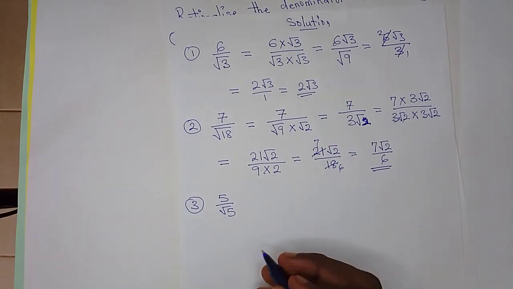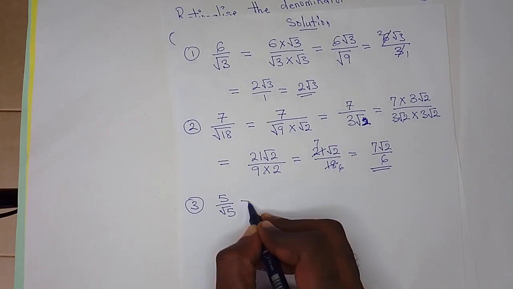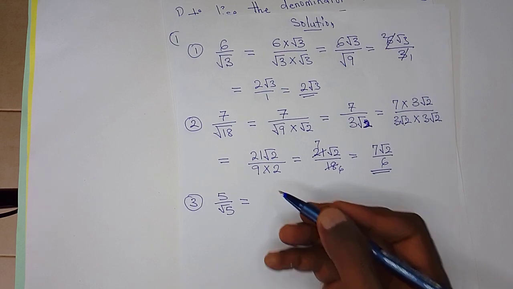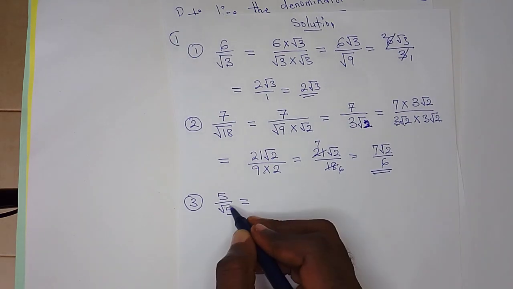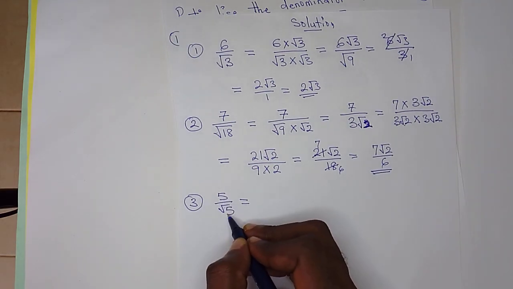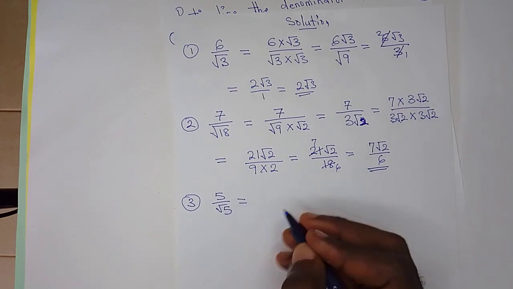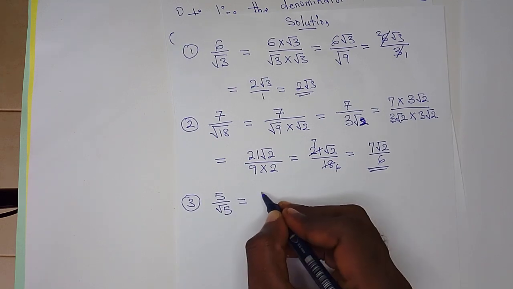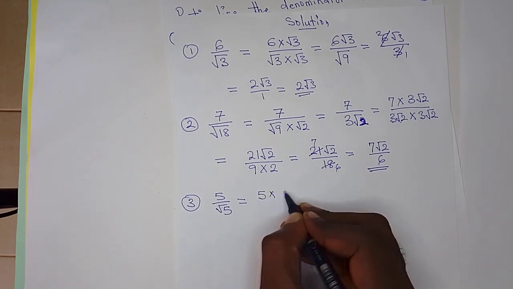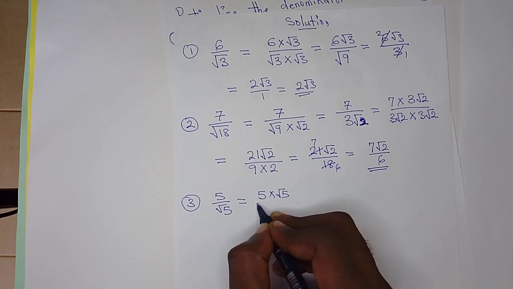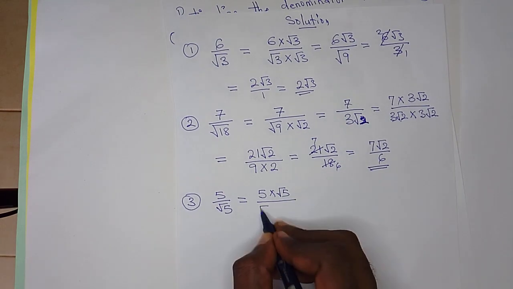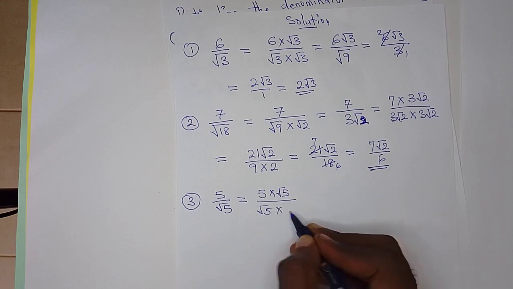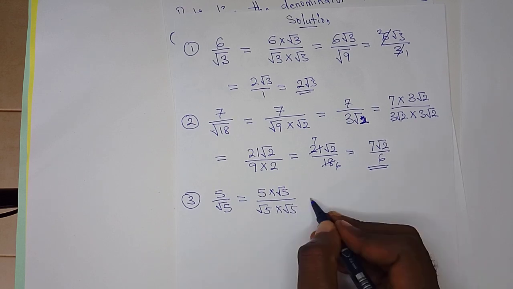So for us to rationalize 5 all over root 5, okay, what do we do? We are going to multiply the numerator and the denominator by the denominator. So that's going to be 5 times root 5 all over root 5 times root 5.